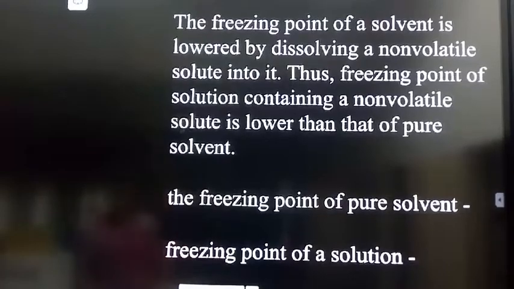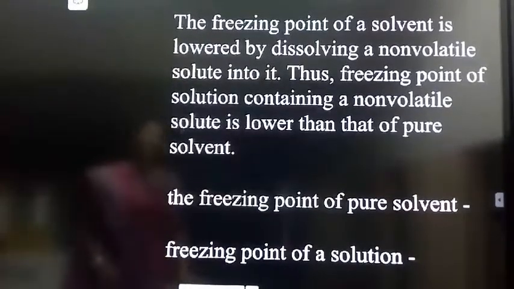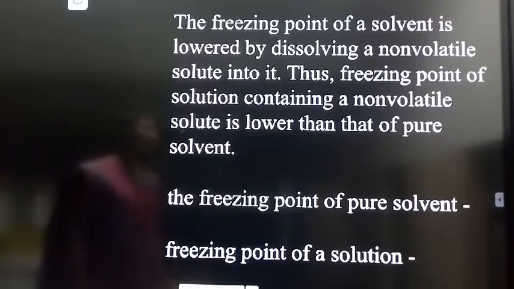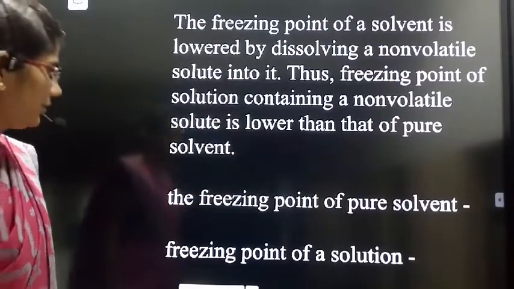That means the freezing point of a solution is lower than that of the pure solvent.